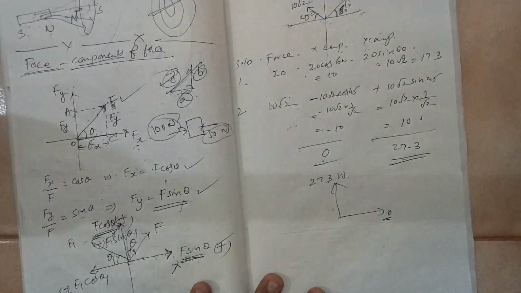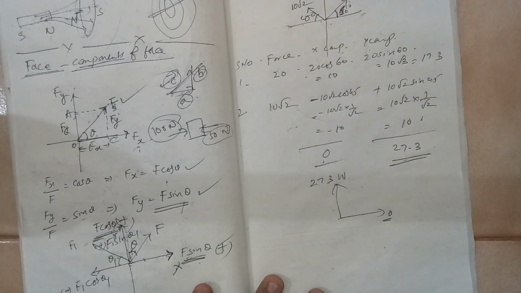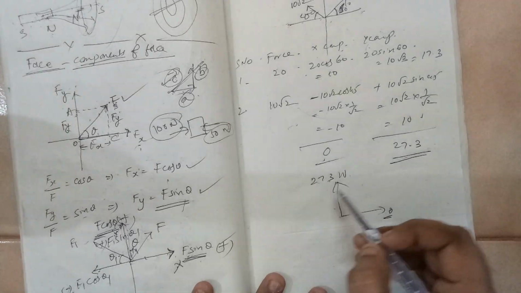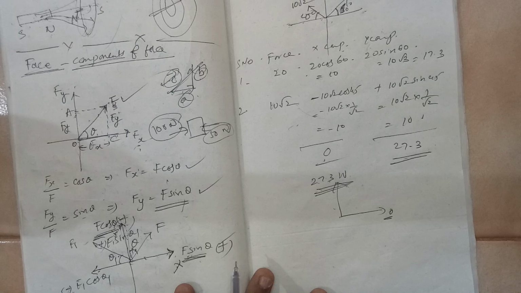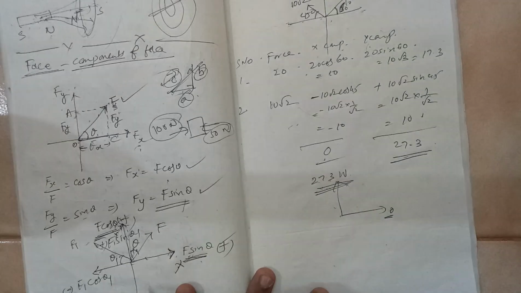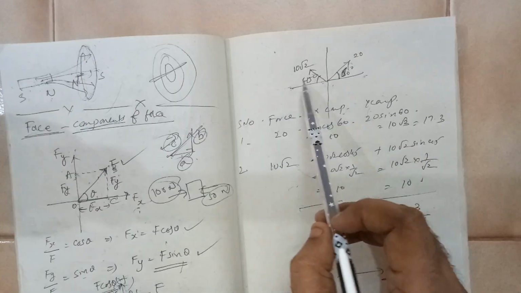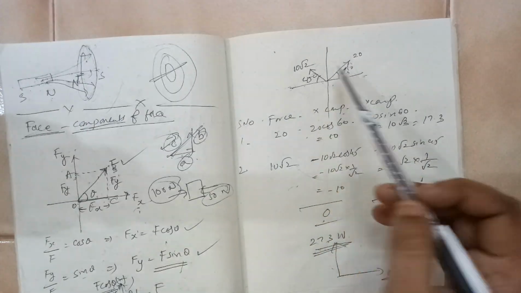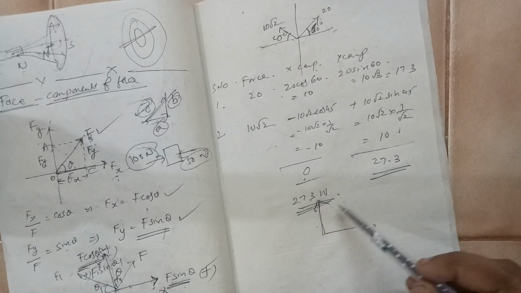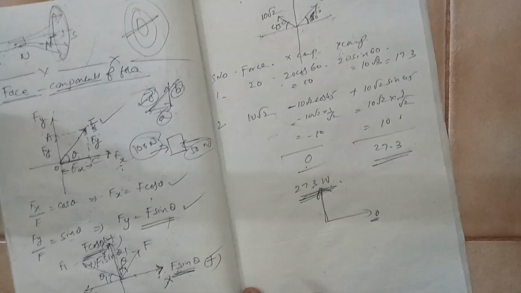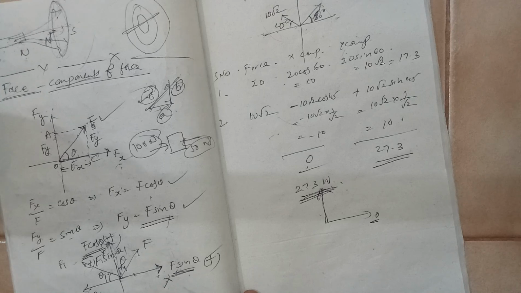What is the net force acting on the system? Only Fy is acting, and that too 27.3 newtons. So this whole system can be replaced by a single force acting in the y direction with a magnitude of 27.3.